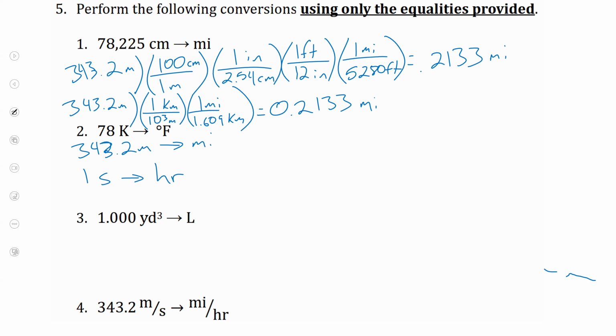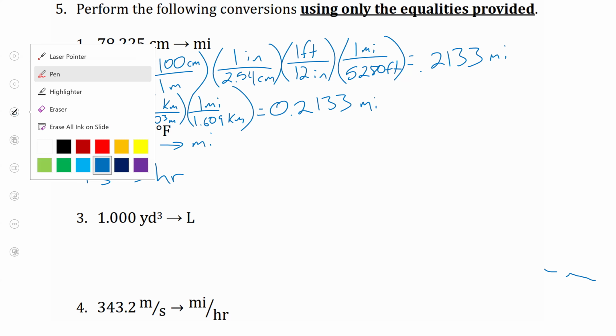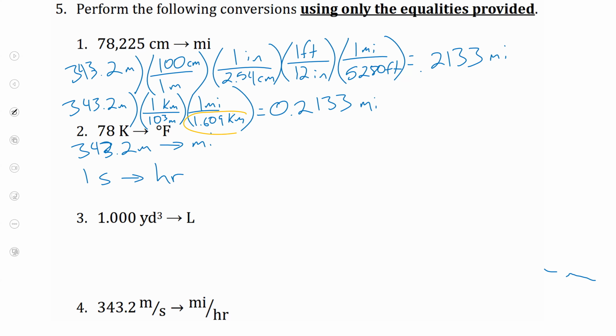Where I would caution you is if we're starting from a number that has more than 4 sig figs, you have to remember this number is not exact. That's an approximate conversion, which means if we started with 5 sig figs, we'd still have to round to 4 sig figs if we went this route.